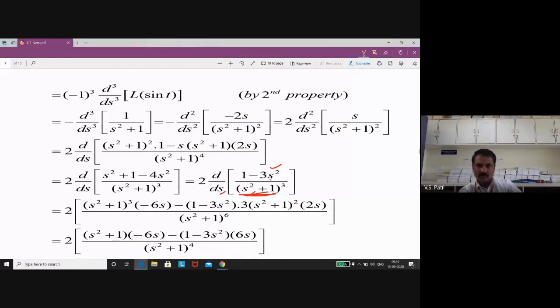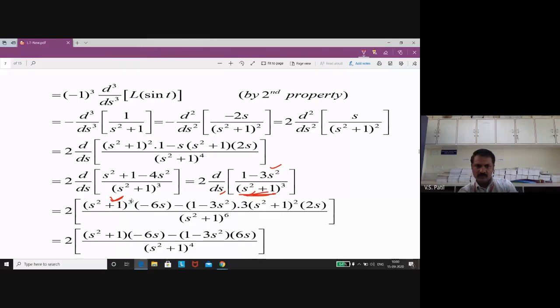Your numerator is 1 minus 3s square. The differentiation of 1 becomes 0. For 3s square, the differentiation keeps the 3 as it is, and s square differentiation is 2s. So if you multiply those two directly, you will get minus 6s. Now numerator as it is, minus the numerator as it is. What is the numerator? 1 minus 3s square as it is. Now the differentiation of this quantity with respect to s.